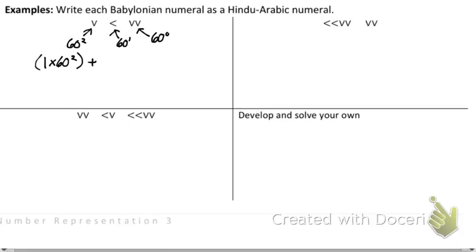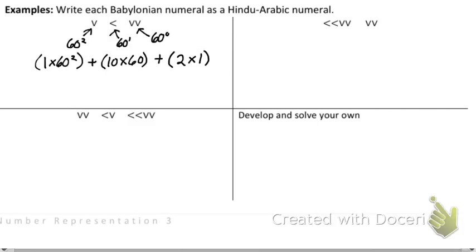Plus sideways V, that equaled 10. So we have 10 times the 60. And finally we have 2 V's, so that's 1 and 1, so that's actually 2. 2 V's says I have 2 times 60 to the 0th, or just 1.